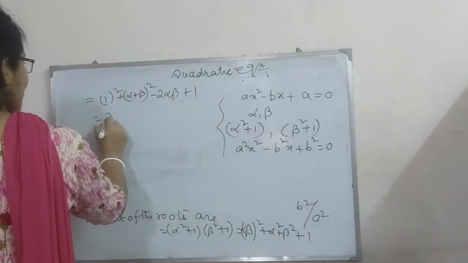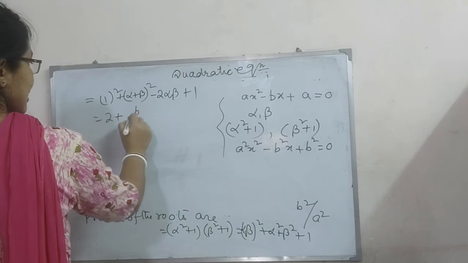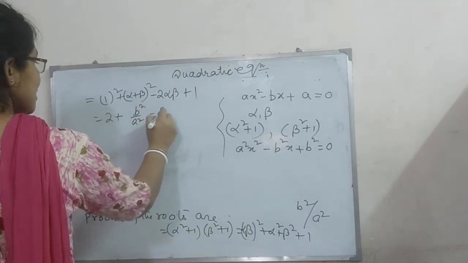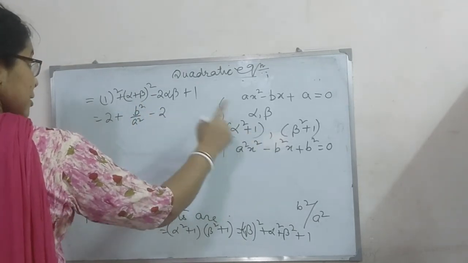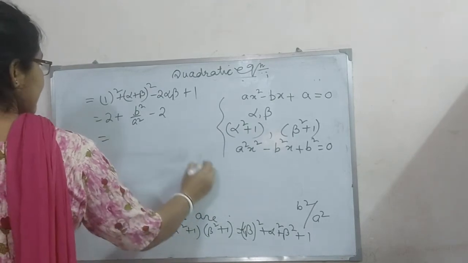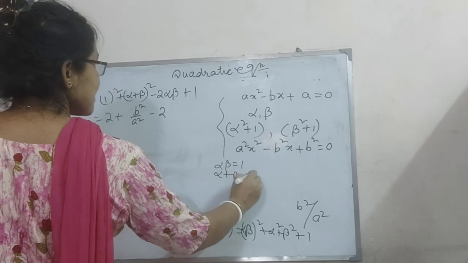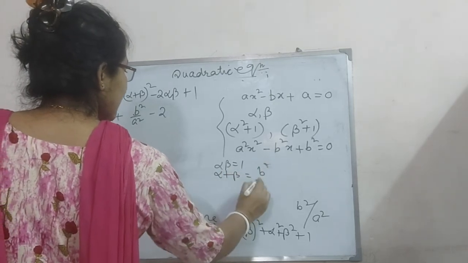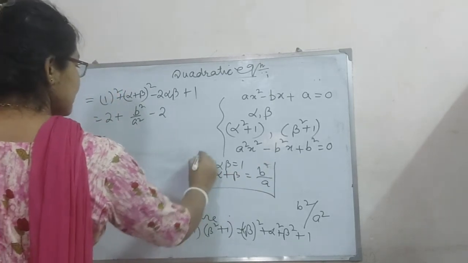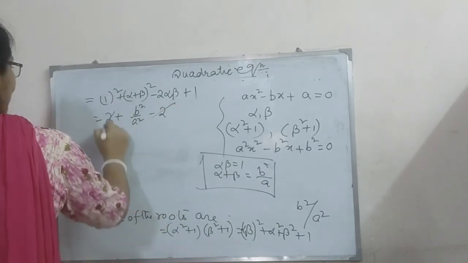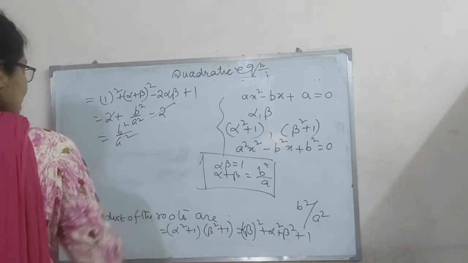So 1 plus (alpha plus beta) whole square, b square by a square, minus 2, because alpha beta equal to 1 and alpha plus beta equal to b by a. So the 2 cancels out, leaving b square by a square.